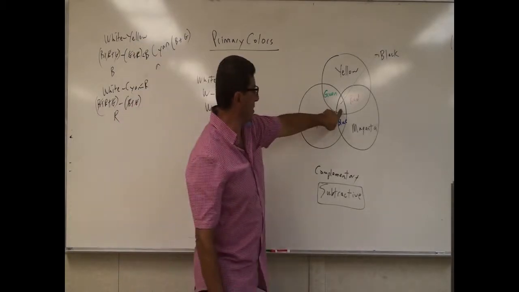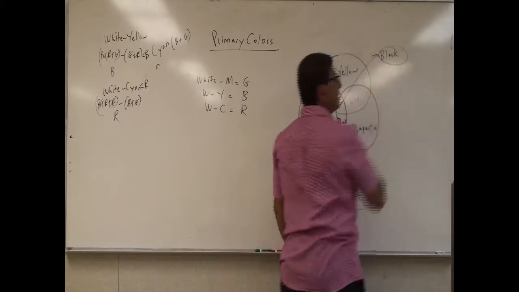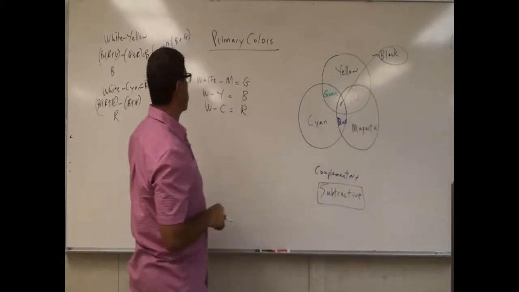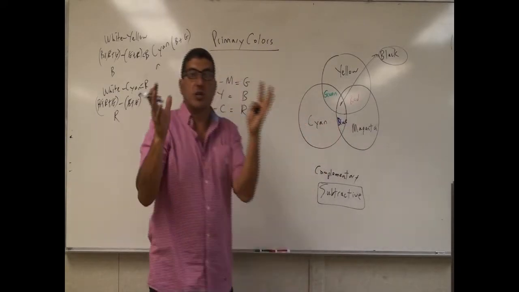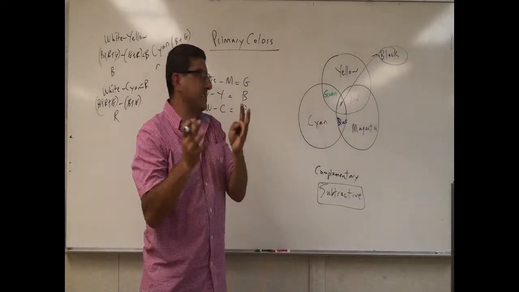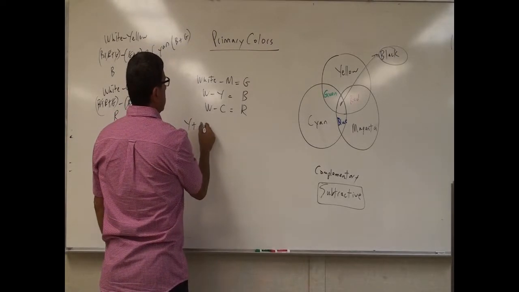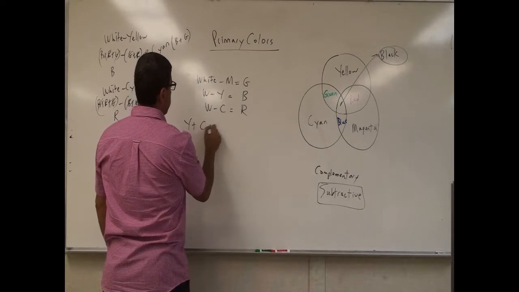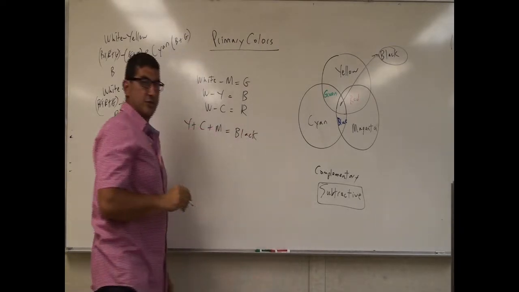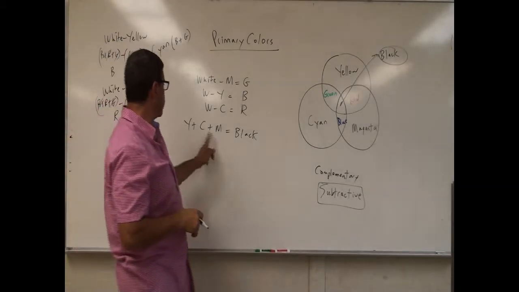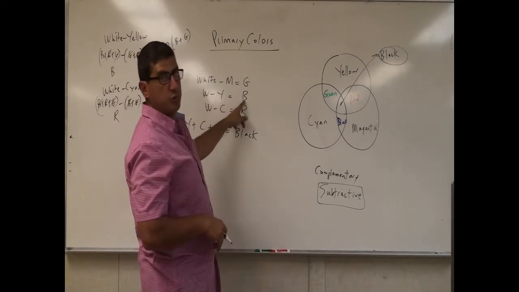So now what's happening here in the middle where we're getting black? How are we making black colored ink? Well, we're combining equal amounts of yellow and cyan and magenta. So we're combining yellow plus cyan plus magenta, and we're getting black. Why is that? We can see this as an equation, right? Yellow is white minus blue.